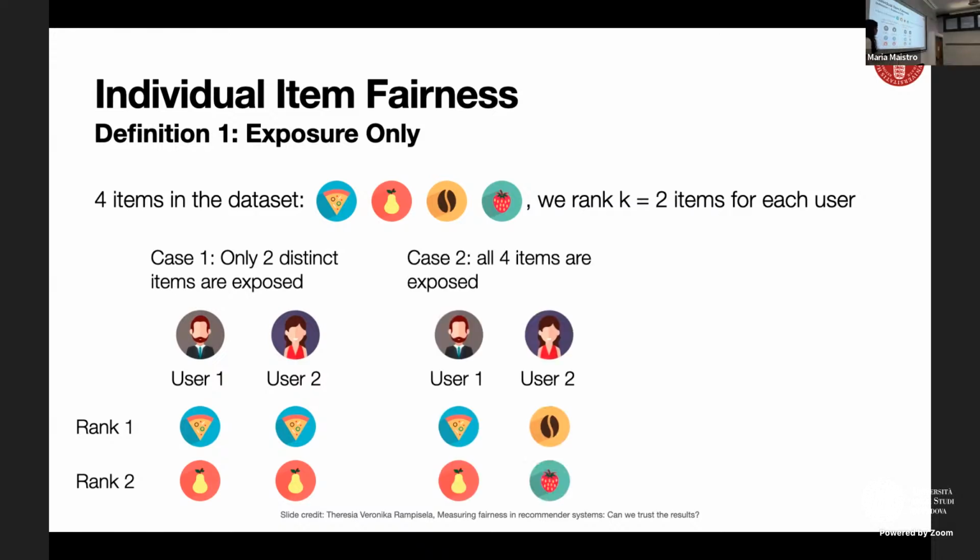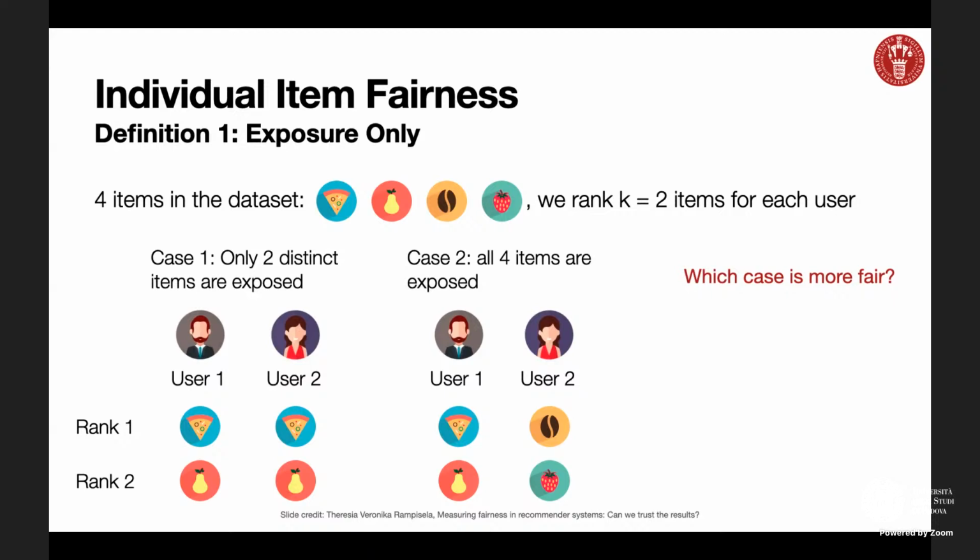And then we have case 2, where we have again the same 2 users, but now we expose all the items in the data set. So now consider that we only look at exposure, so we don't care which item is relevant or not.